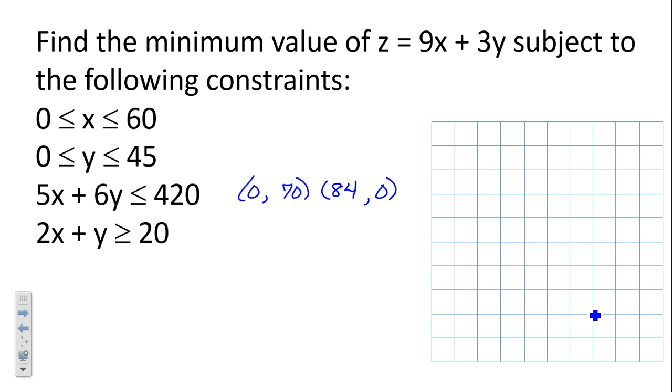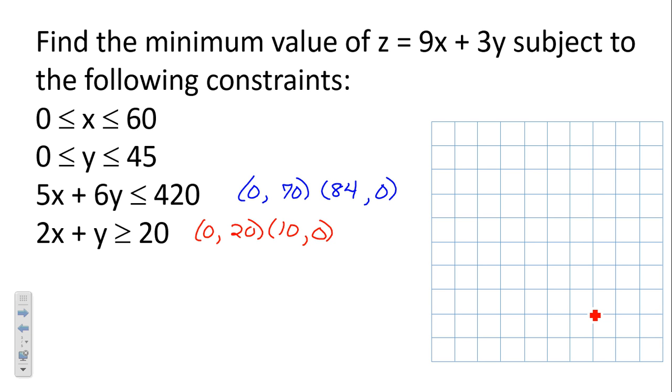Then we're doing the same thing with the next equation. When x is 0, then y happens to be 20. And when y is 0, then x happens to be 10. So now we know roughly how big we need to go. Our y's have a max of 70.